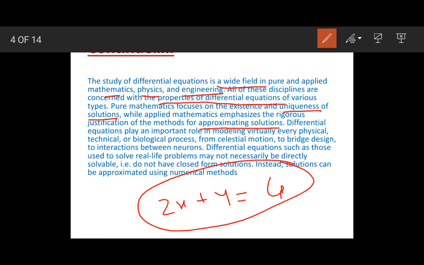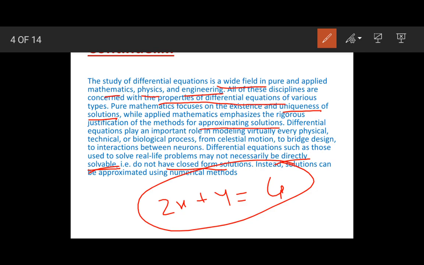Differential equations such as those used to solve real life problems may not necessarily be directly solvable. Sometimes we come across a differential equation that is not directly solvable, that means it does not have a closed form of solution. We do not get the exact solution.